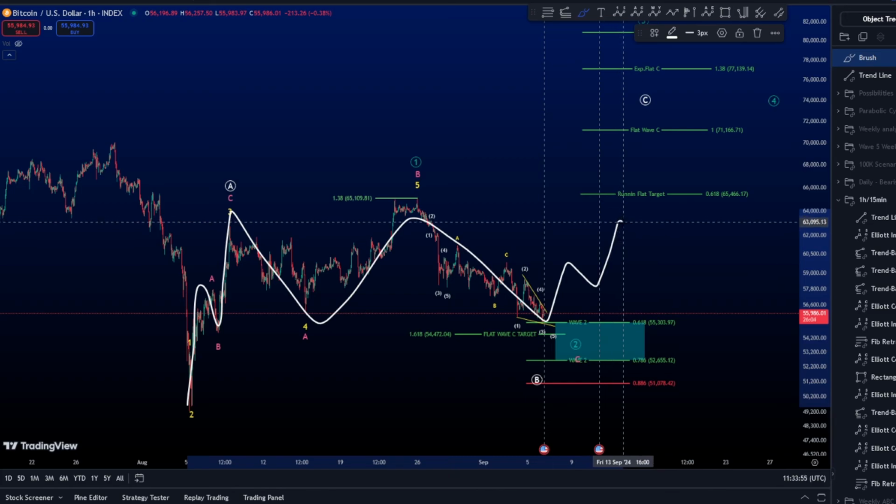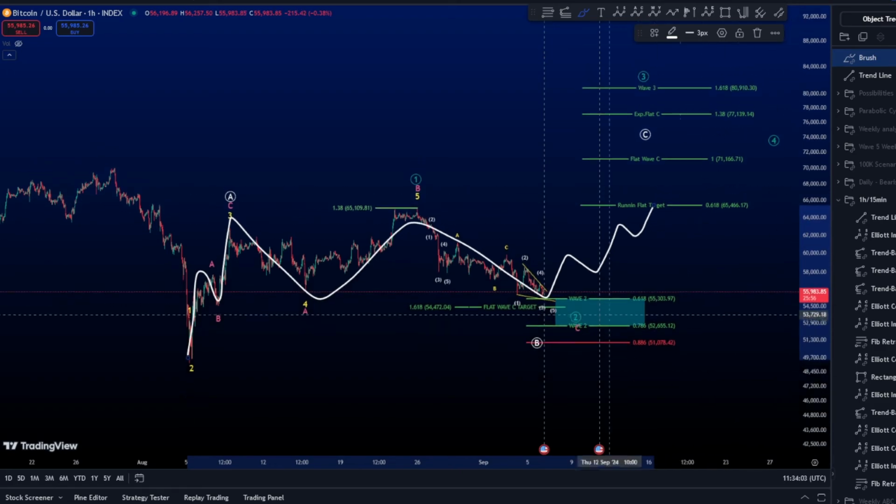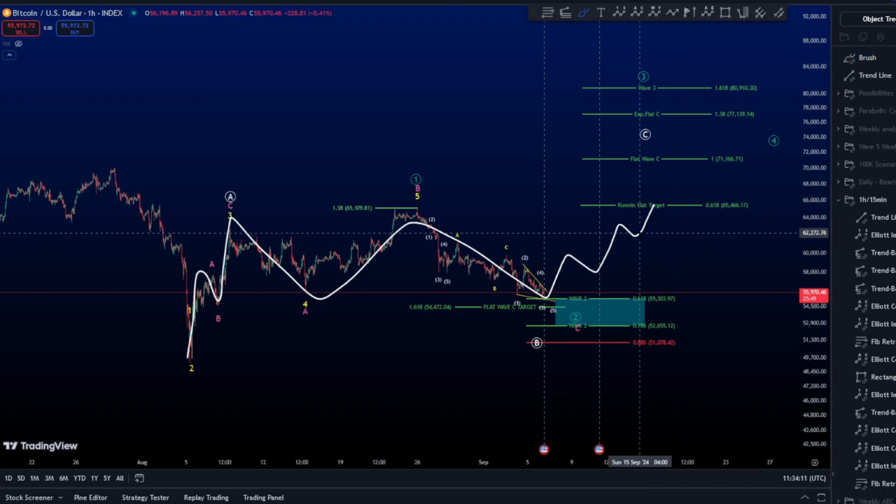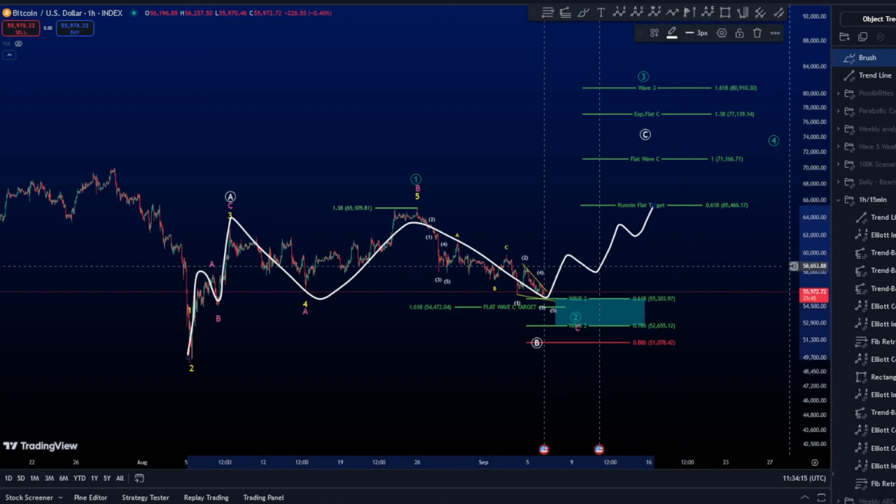However, if a running flat happened with 5 waves towards the upside, hitting exactly this 0.618 level, that means we got a running flat, and this target could be taken at 65,466.